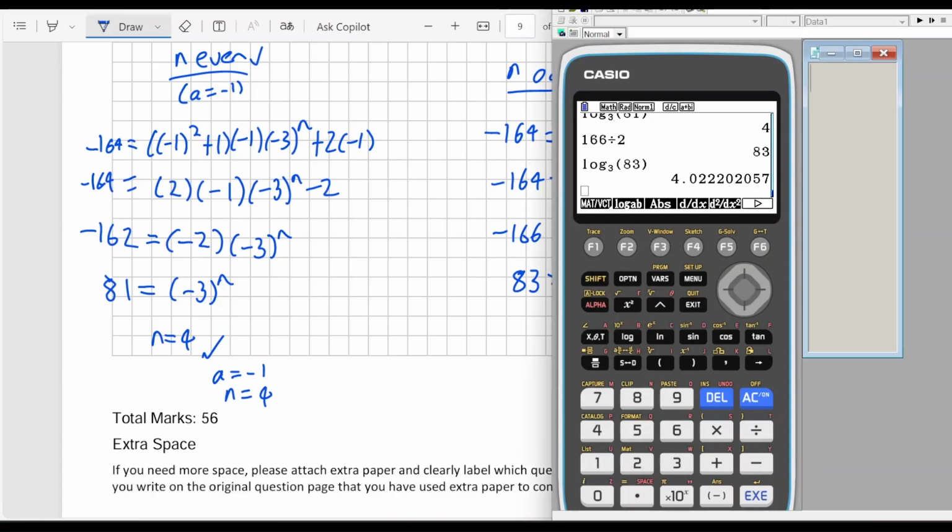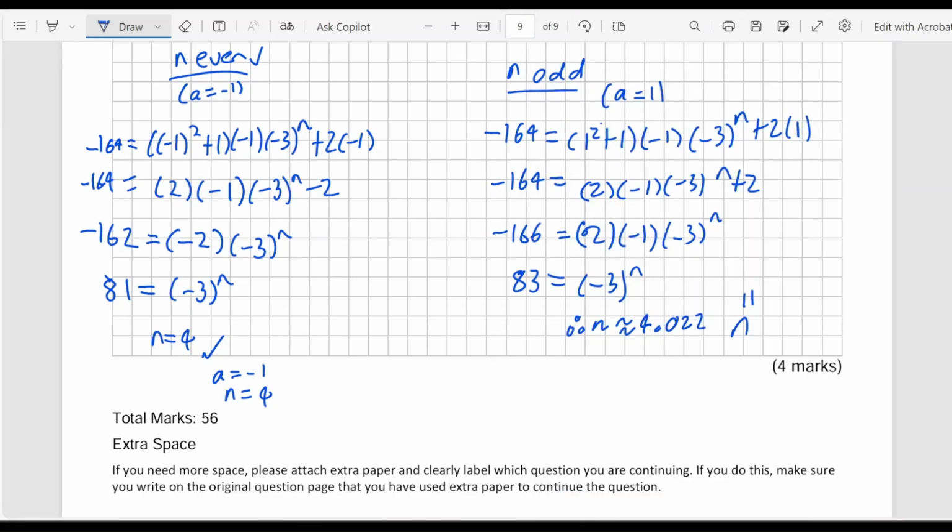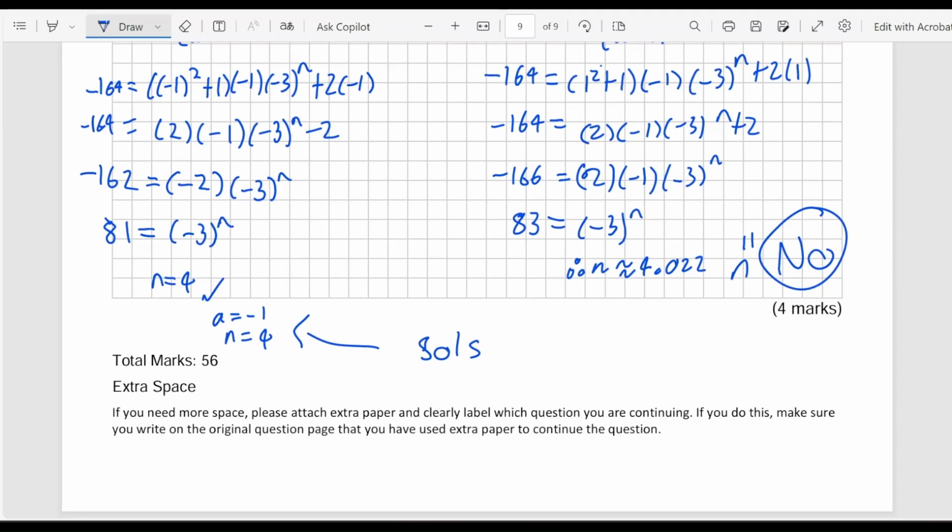First of all, if I look at minus 3 to the power of the answer there, your calculator hates it because it doesn't like doing negative numbers to powers unless those powers are even whole numbers. So there it is. So no. These are the actual solutions. A is minus 1 and n is 4.